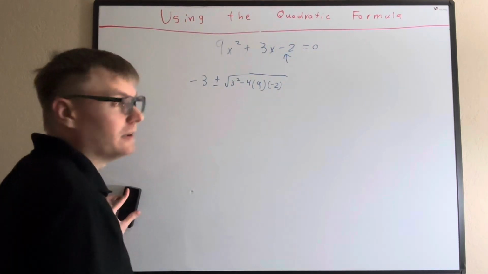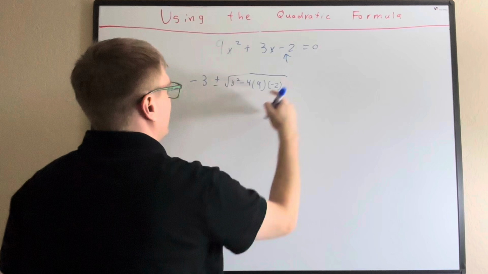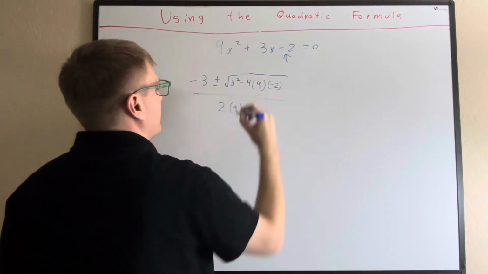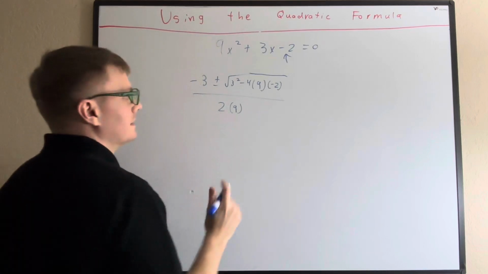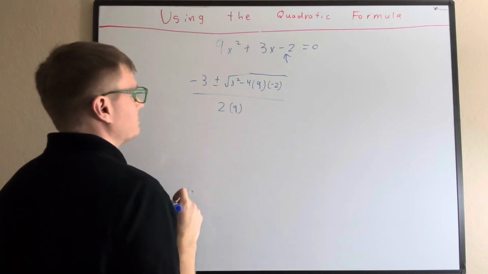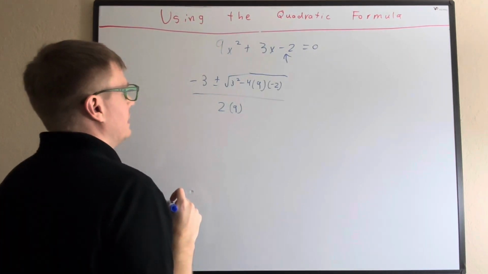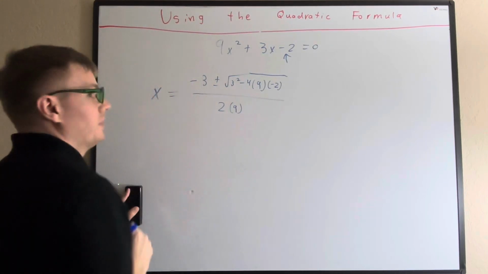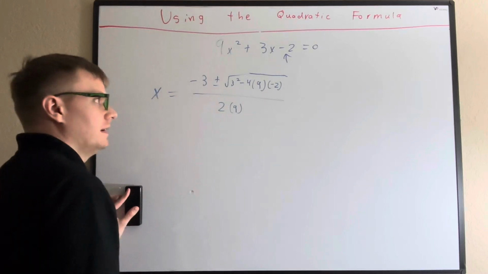Negative is part of the number, all over 2a. No, that's not an a, that's a 9. Okay, x equals. I always forget that x equals part of it. Gotta remember that.